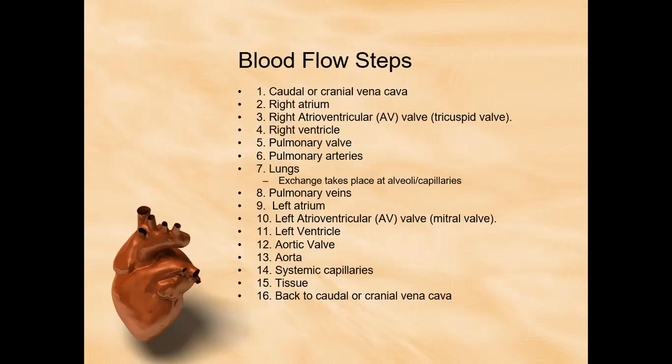We now return to the left side of the heart by what blood vessel? The pulmonary vein. Into the left atrium, and between the left atrium and left ventricle, we have what valve? The mitral valve, otherwise known as the bicuspid.